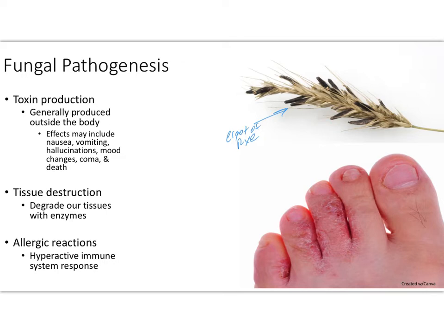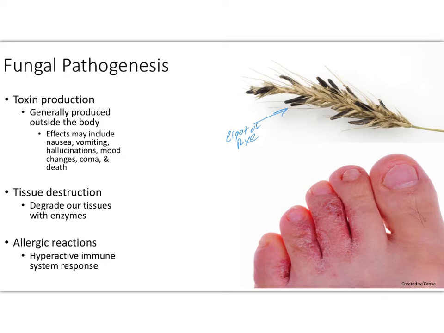So in general, fungi that produce toxins are not ones that infect us directly, but they will do something like grow on the food that we're going to eat, or sometimes certain types of mushrooms will produce toxins and we consume them, or we consume some kind of grain that the fungus has grown on.